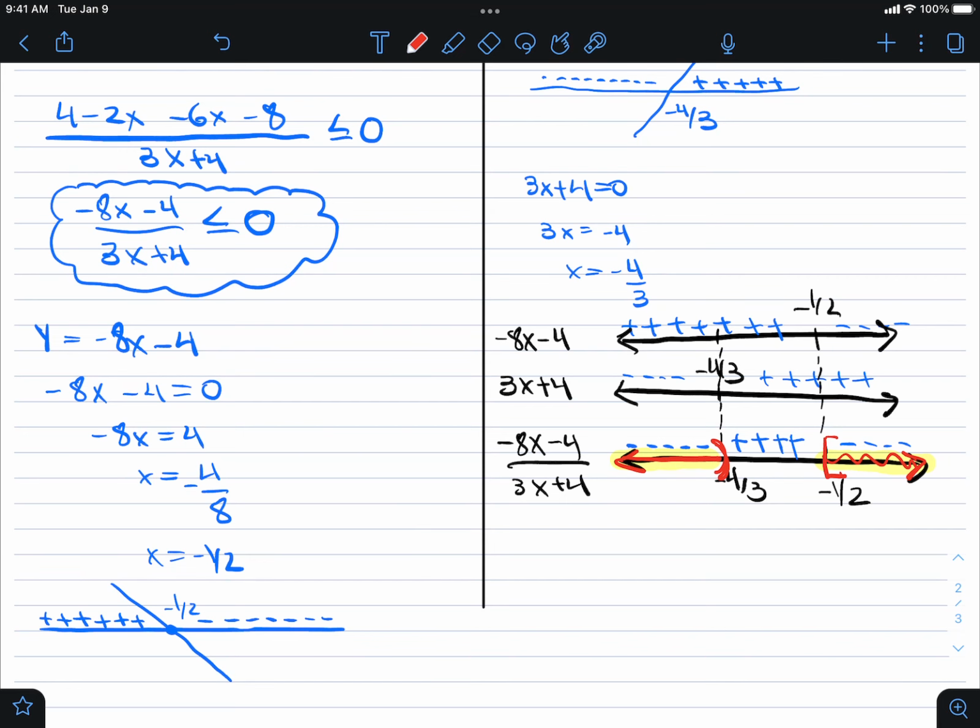And if I want to write it out, I can say that the solution is minus infinity to negative 4/3 open, union, closed negative 1/2, plus infinity, open. Plus and minus infinity are always open, and then you decide whether other endpoints are open or not based on the other information you have. I hope this helps.